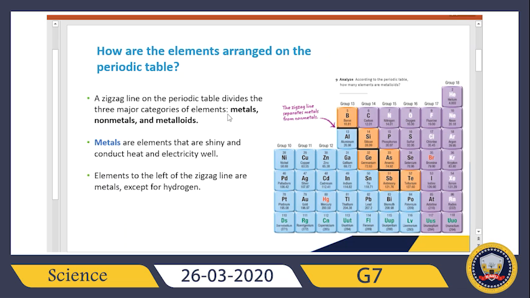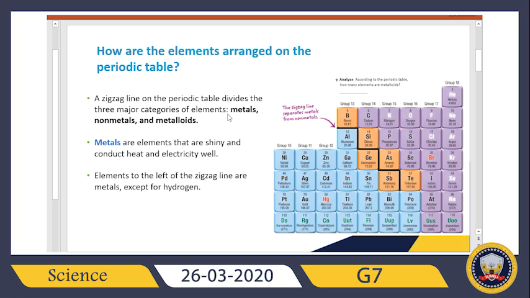When you hear the word metal, what do you imagine? Shiny materials. They can conduct heat. If you touch, for example, a metal spoon on a stove, you will feel the heat, the thermal energy, and they can also conduct electricity.